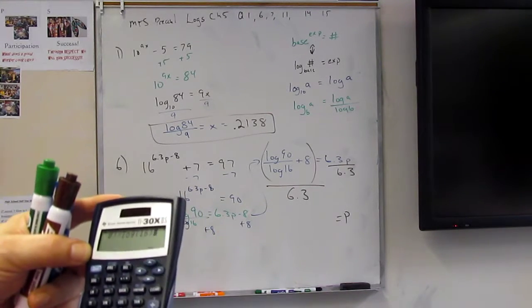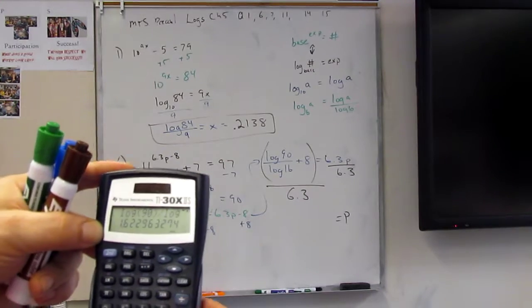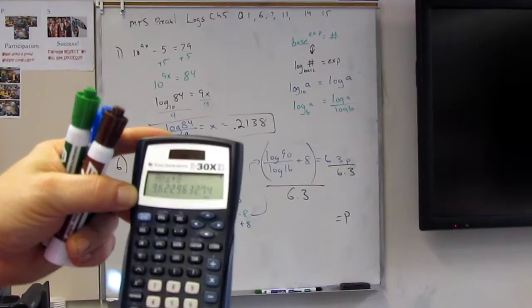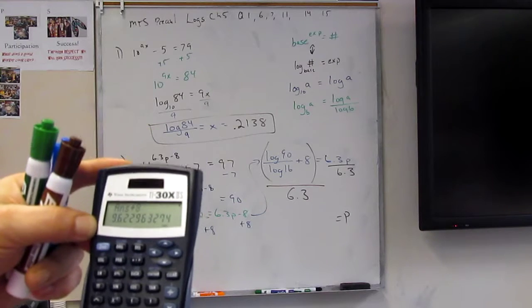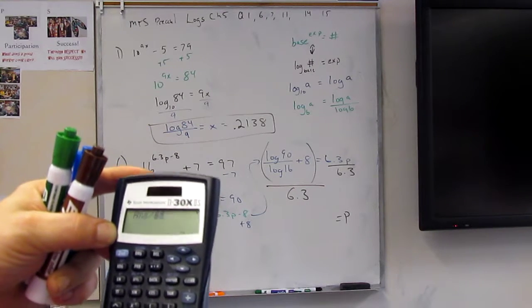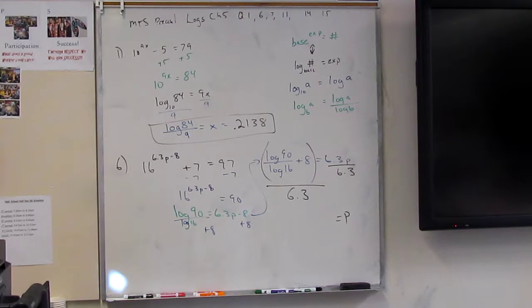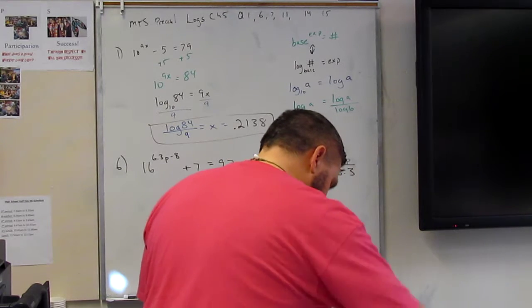Then I'm just going to hit equals, and then I'll hit plus 8. And then I'll hit equals. And then I'm going to take that number and divide it by 6.3. So divided by 6.3, I get, no, that's right? Is it? 1.52?